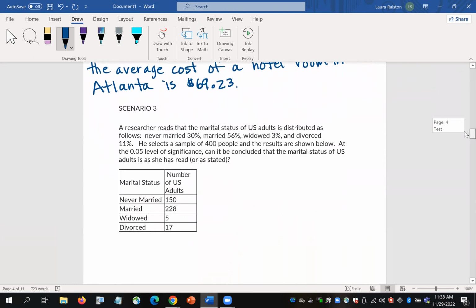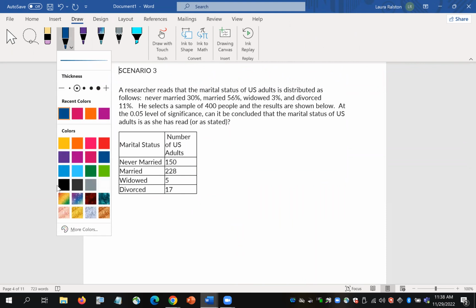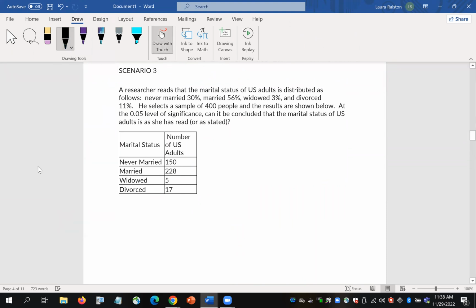All right, scenario 3. A researcher reads that the marital status of U.S. adults is distributed as follows: never married 30%, married 56%, widowed 3%, and divorced 11%.